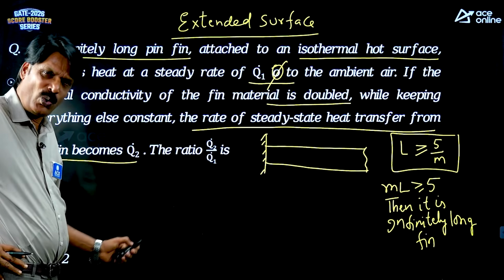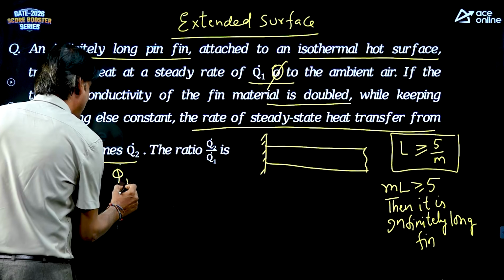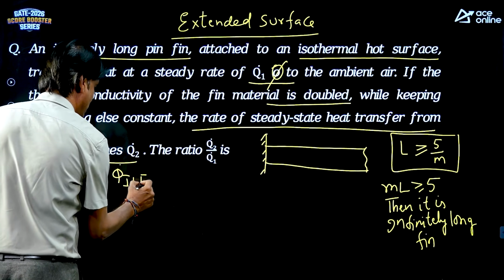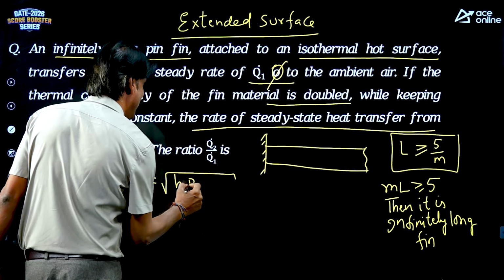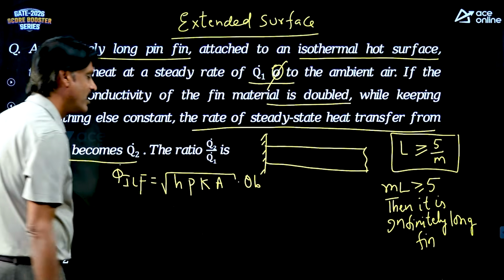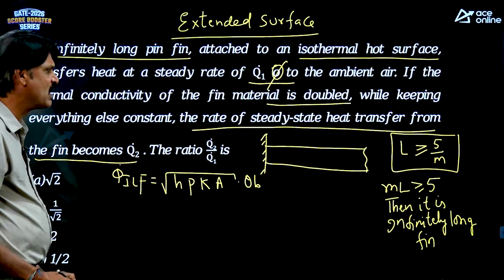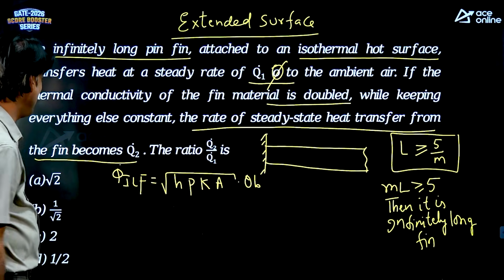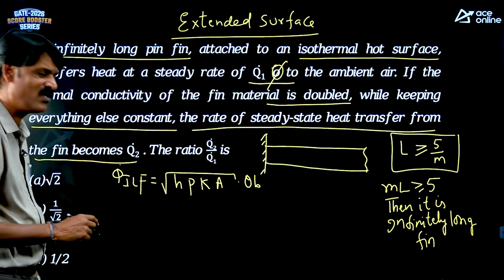When you are looking at this, the rate of heat dissipated by an infinitely long fin is given by under root of h into p into k into a into theta b. What is he saying? He is saying that everything else is kept constant, but only thermal conductivity is changed.